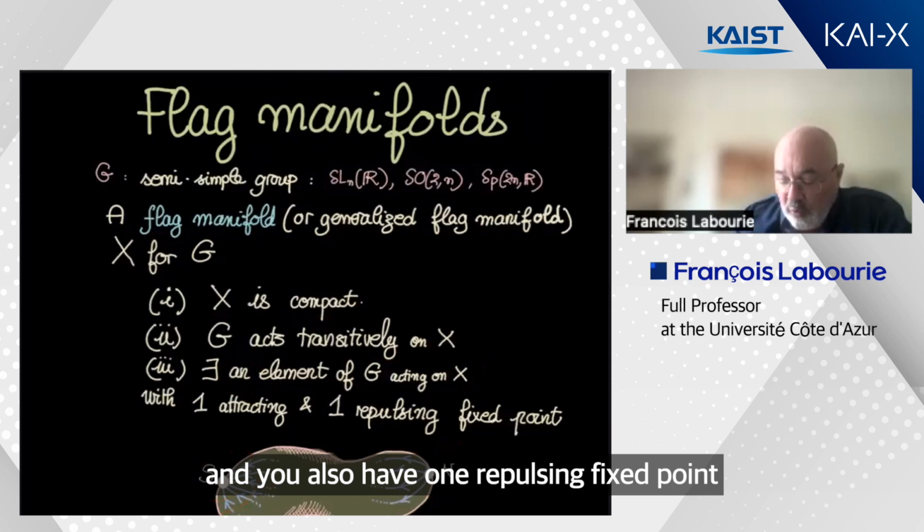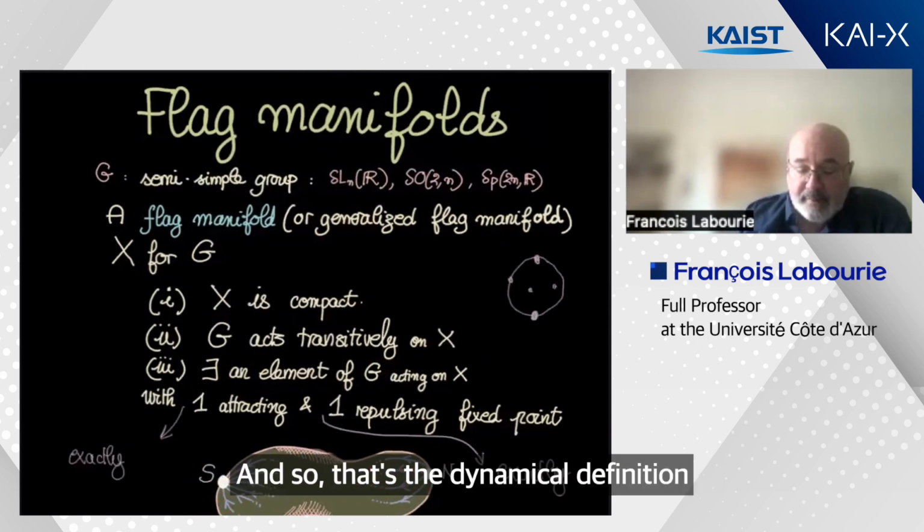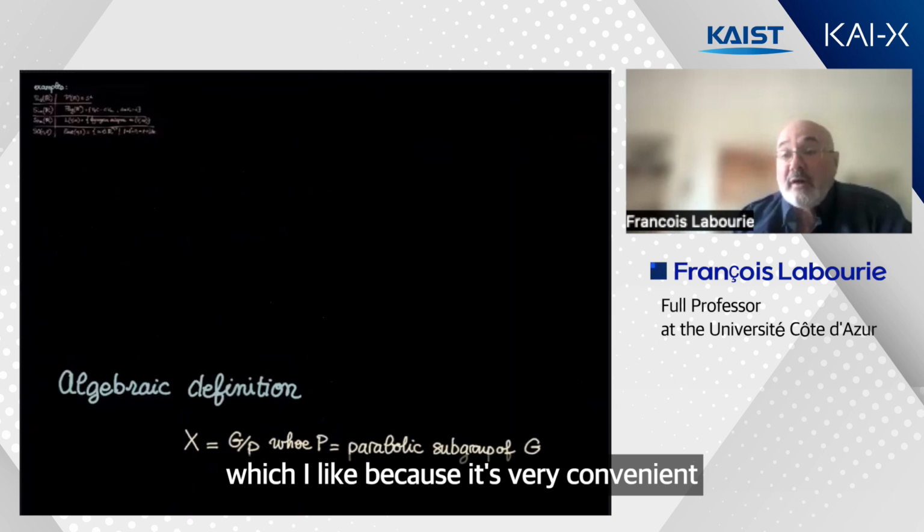And you also have one repulsive fixed point. That's the dynamical definition, which I like because it's very convenient.